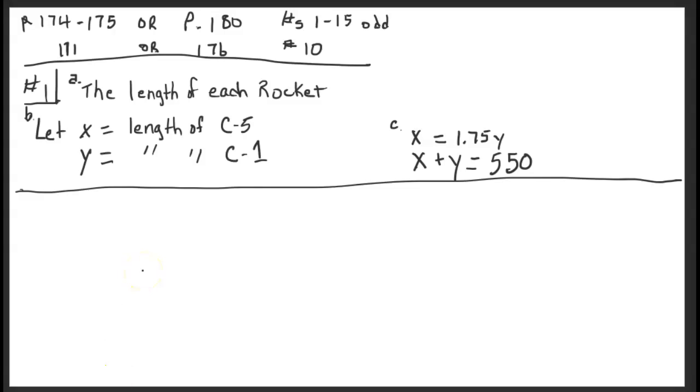So the assignment is 1 through 15 odd. Let's go ahead and look at number 3. A publishing company has 2 monthly magazines. News Report, which sells for 35 cents, and you can always tell this is an older book, right? Because what's a magazine, right?